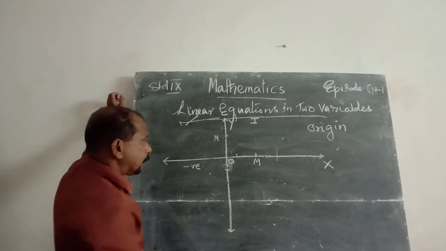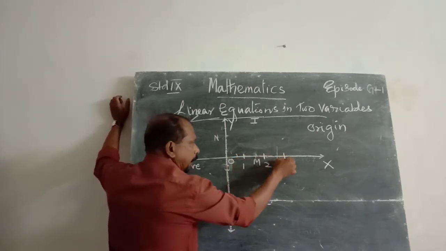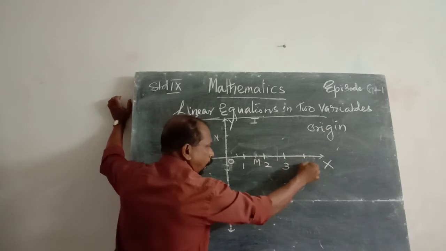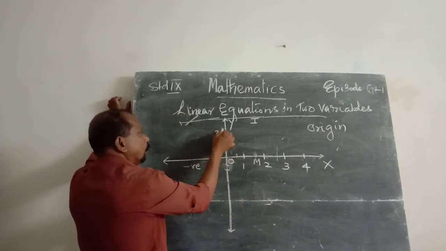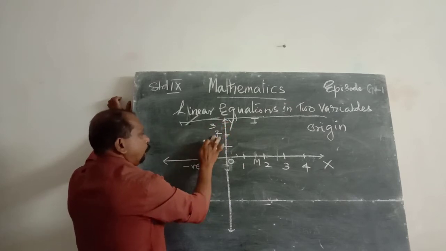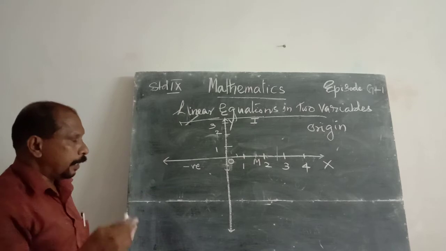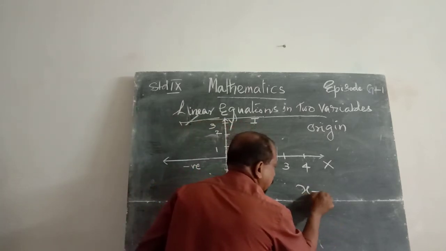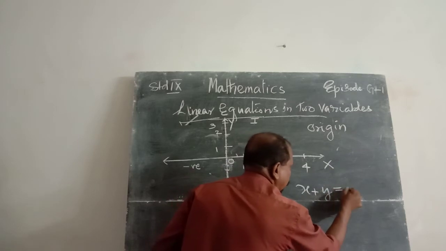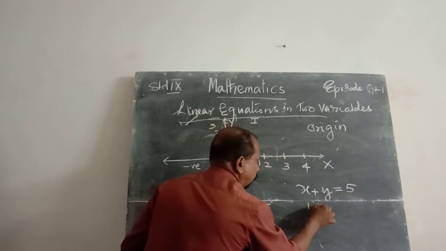Therefore, let us consider the points 1, 2, 3, 4 on the x-axis. Similarly, 1, 2, 3, 4 on the y-axis. Then what is the linear equation, for example? x plus y is equal to 5. First point is 1, 4.